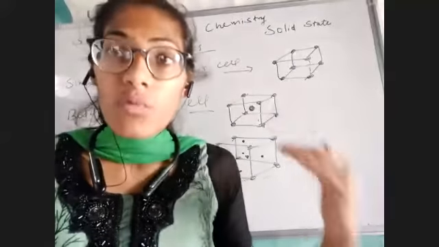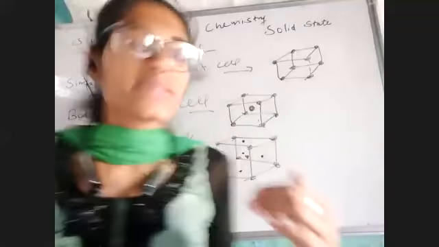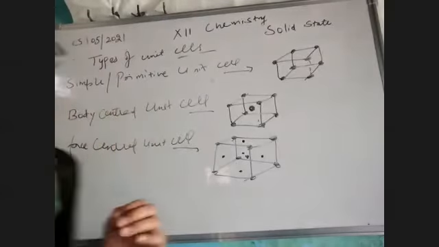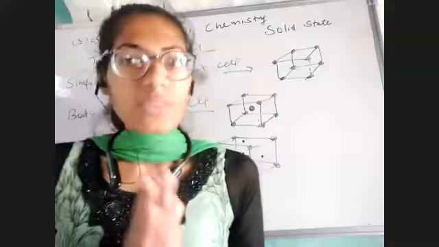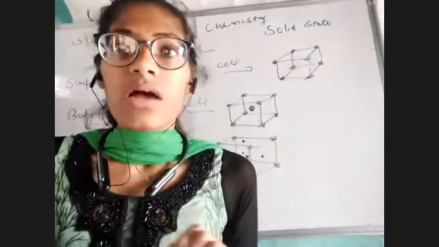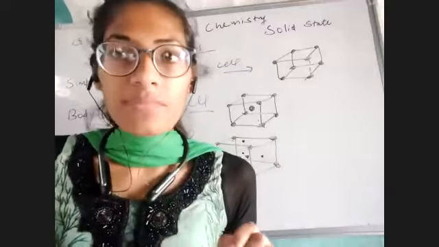Now we are going to our higher topic, the body centered unit cell and the face centered unit cell. It depends upon the structure of the solid. We have graphite, zinc sulfide, sodium chloride.